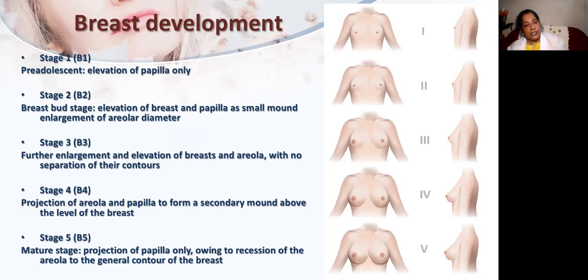In stage 3, further enlargement and elevation of breast and areola occur, but there is no separation in the contours, means it is at the same level. However, in stage 4, areola and papilla project above the level of breast, and in stage 5, which is the mature stage, projection of papilla only, owing to recession of the areola to the general contour of the breast. So these are the 5 stages of breast development.